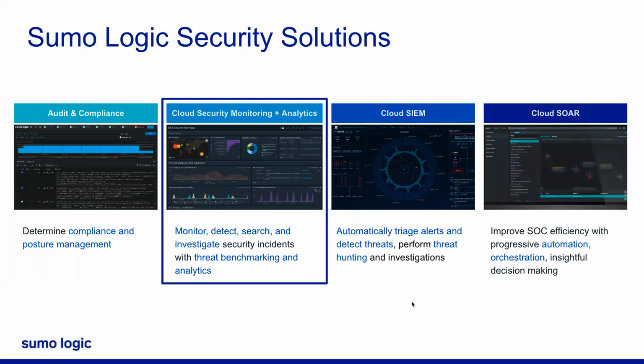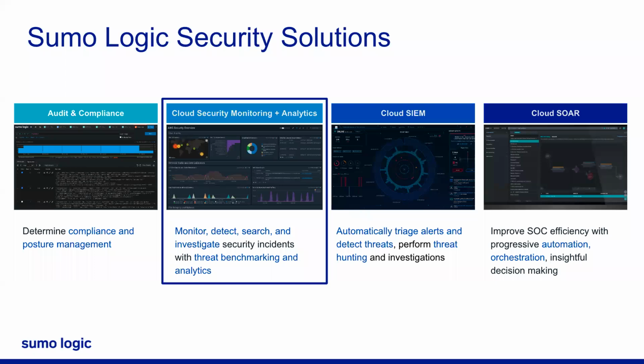To begin with, we have a few solutions that address security at Sumo Logic. We're going to be talking about one today that is in the box there, cloud security monitoring and analytics, but I'll mention briefly those other three quickly. Audit and compliance is a capability of the core Sumo product, and it's available with really anything you want to do with the product.